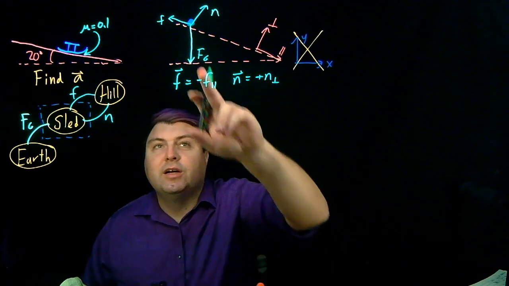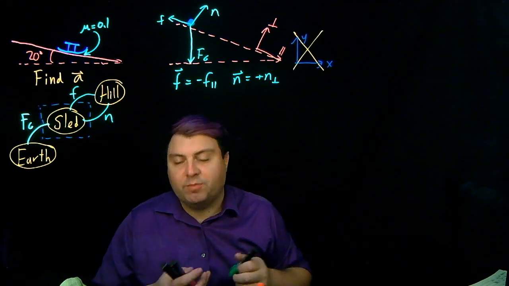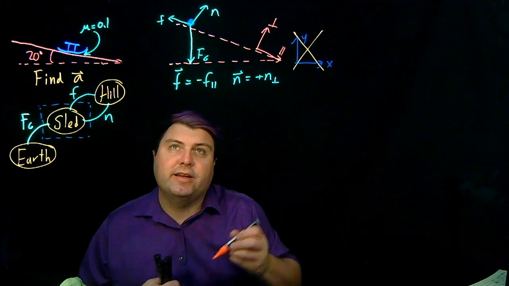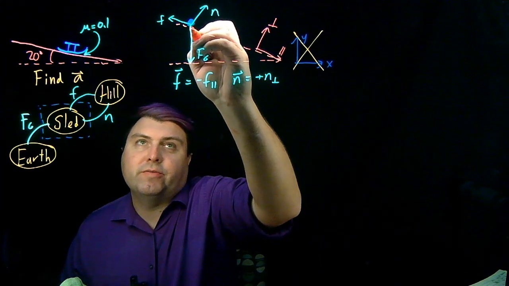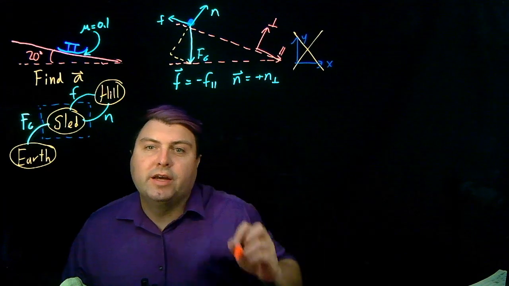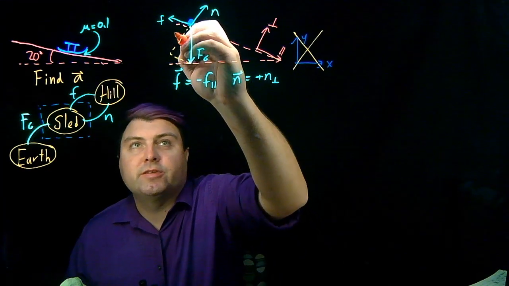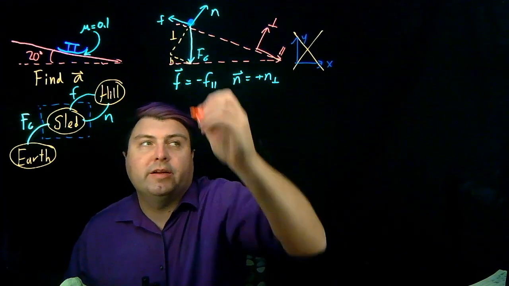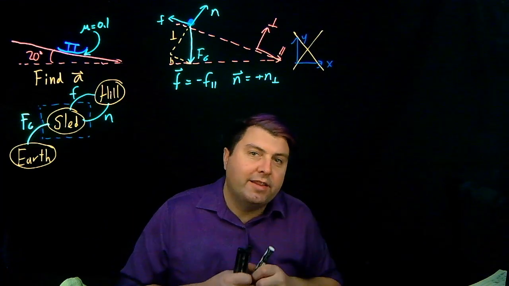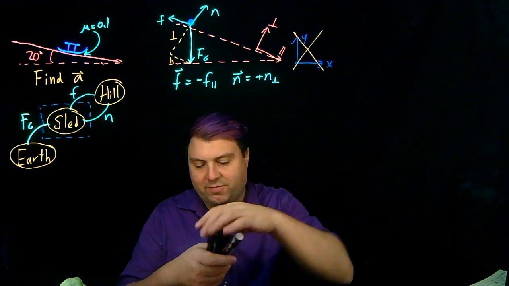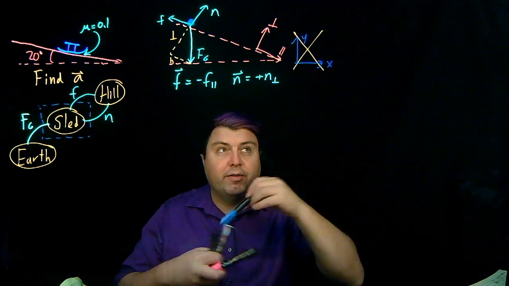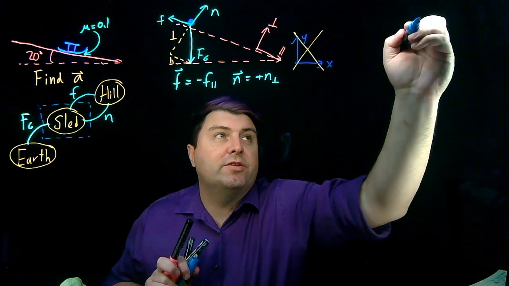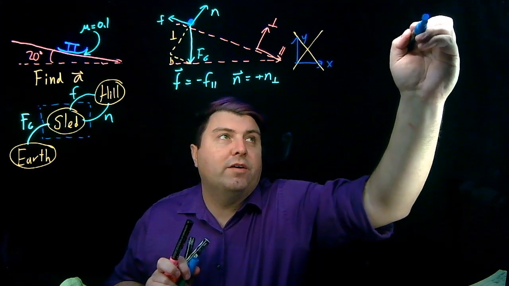That's really cool. Our force of gravity is going to be a little bit more complicated than that. We can decompose it as much as we want into the perpendicular and parallel directions. And in fact, that's going to be such an important and useful thing that we're going to really blow it up and draw it over here, just so we have full understanding and full confidence with what we're doing.